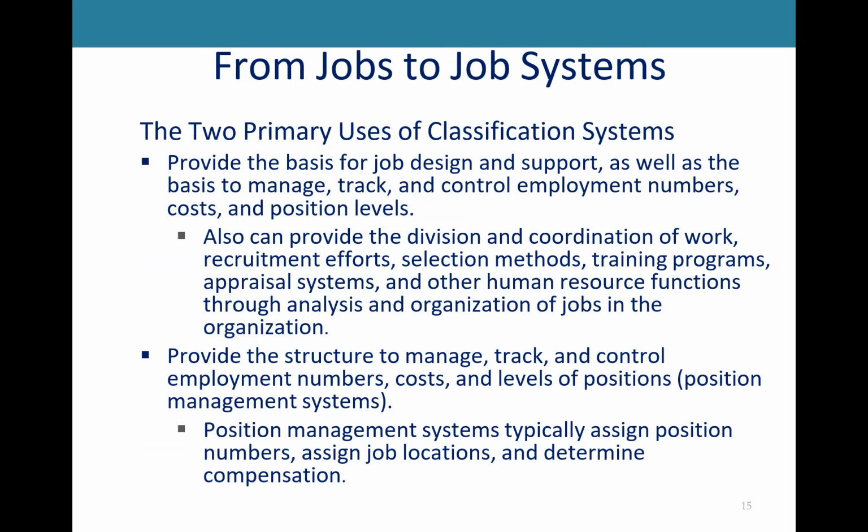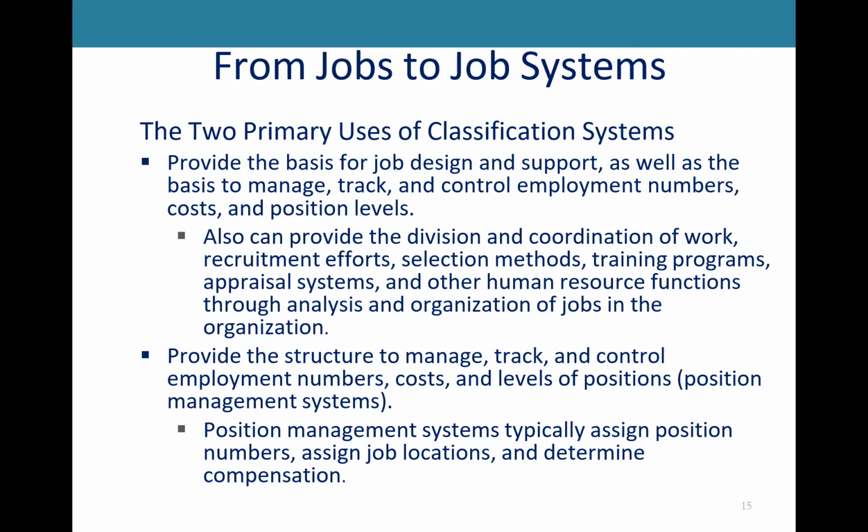So once we have our job analysis, and once we put this together into a position description, then we need to figure out where to put that job in our position management, our position classification system. And position classification systems are very useful for us because they provide us with control over the positions within our organizations. They allow us to manage and track and control employment numbers, costs, and levels and types of positions.